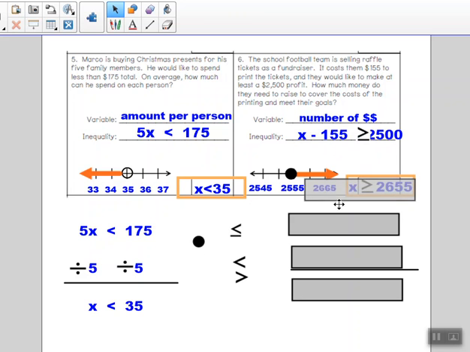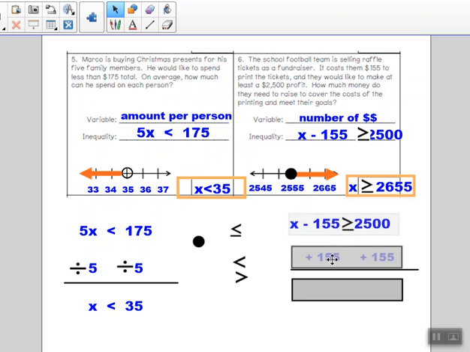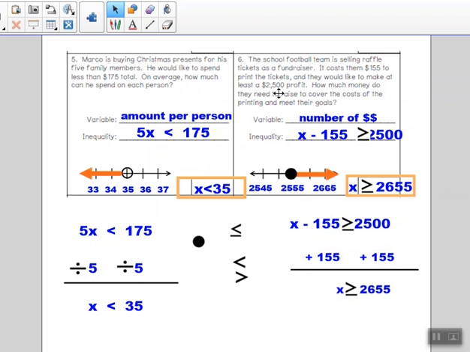They want to make a profit of $2,500, and they've already spent $155 just for the printing of the tickets. They want to make their profit plus that, really, which is why down here we really want to add these two numbers. So they want to make at least $2,655. And on a graph, that would look like this.